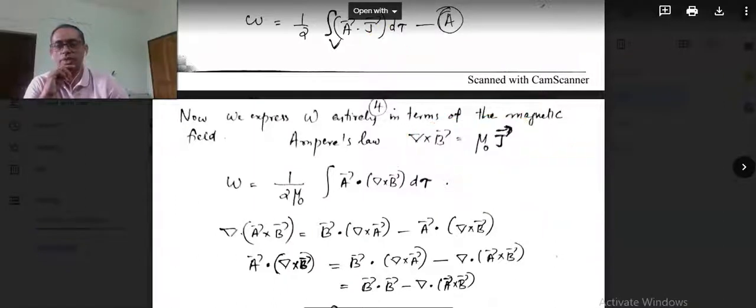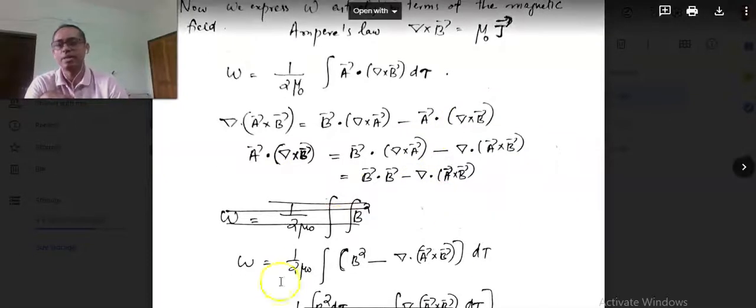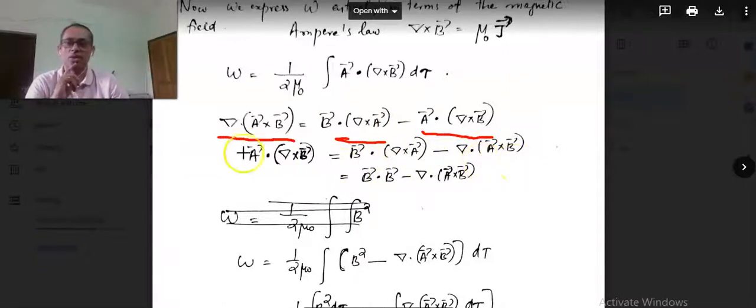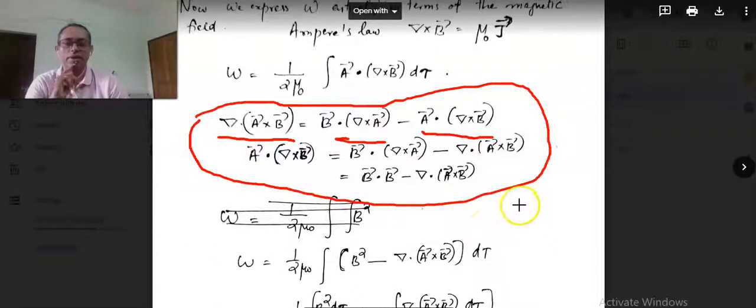So what we get? We get W equal to 1 by 2 mu 0, integral of A dot del cross B d tau, and we have an identity here. Del dot A cross B equals B dot del cross A minus A dot del cross B. So A dot del cross B will be equal to B dot del cross A minus del dot A cross B. Now A is the vector potential.